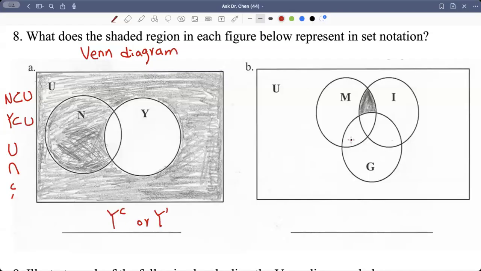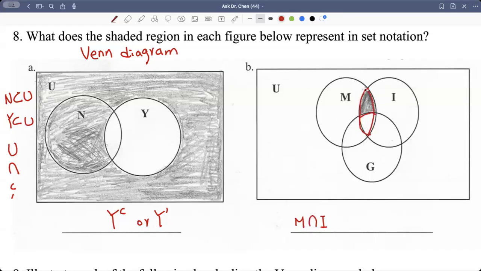Now let's see B. We see this shaded region is in the intersection of M and I, right? So first, it's in M intersect I. But then it does not include this part, it only includes this part.